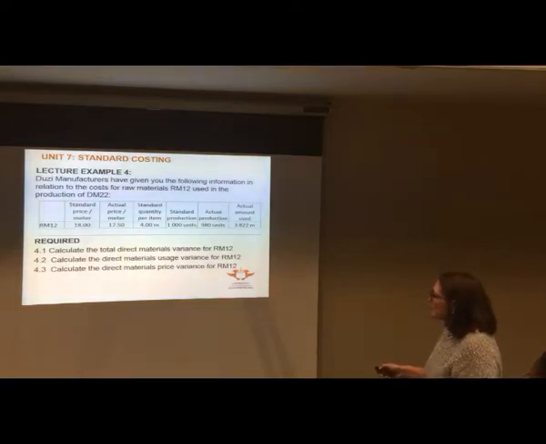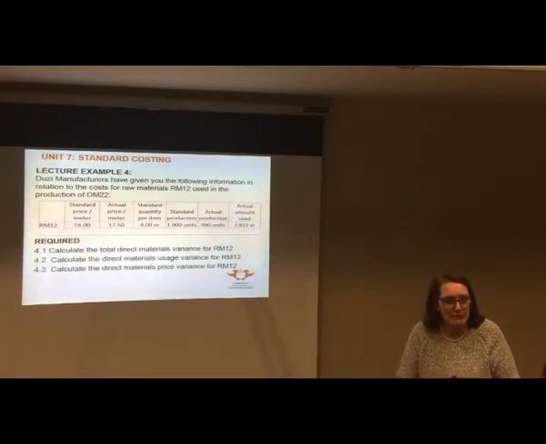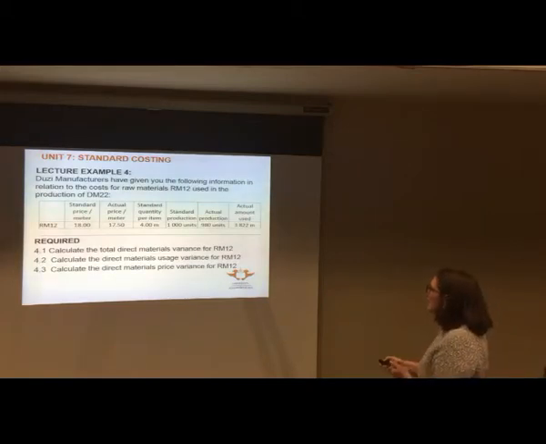There's the actual price, 17 Rand 50. There's the actual amount used. Actual quantity is 3,822 meters. So actual quantity times actual price is 3,822 meters times 17.50. Now don't forget, the standard production of 1,000 units is not the flexed amount. The actual units produced is 980 units.